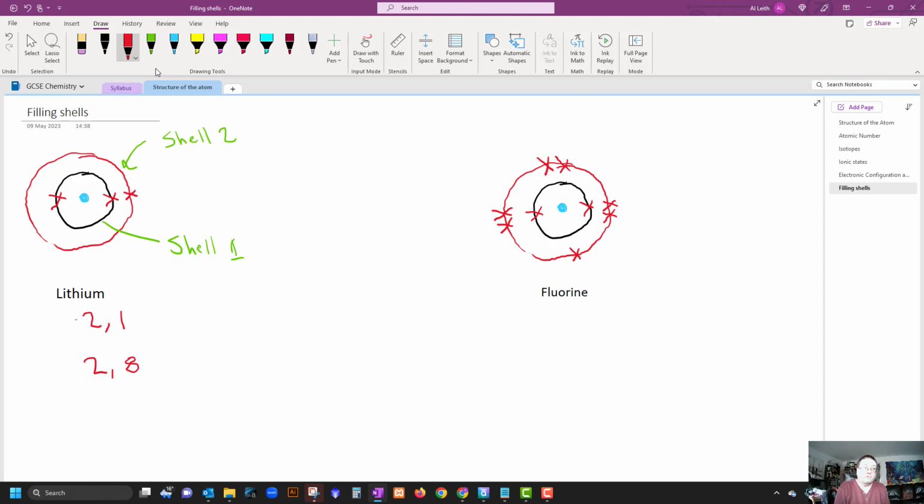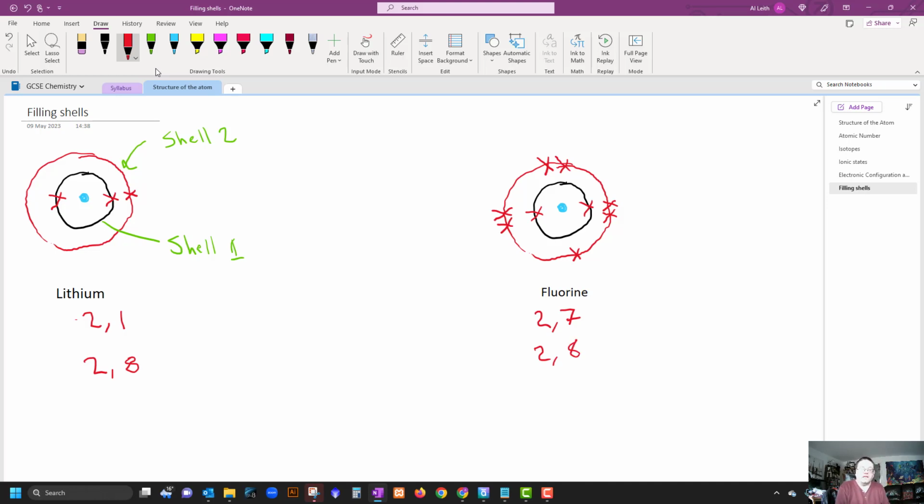So, ladies and gentlemen, boys and girls, we have got a bit of symmetry here. We've got lithium over here that's got the electron it wants to get rid of. And you've got fluorine over here that's now got the 2 and the 7. And it'd like to get to 2 and 8 as well.